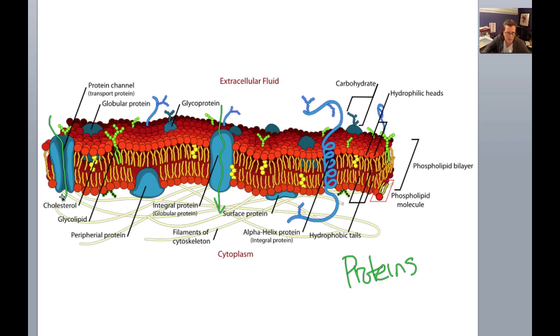In fact, this is a channel protein right here. Any small molecule that is able to go with the concentration gradient can go right through this channel protein. And so these large proteins that are seen on both sides of this membrane help transport molecules. We'll talk a little bit about that in a bit.